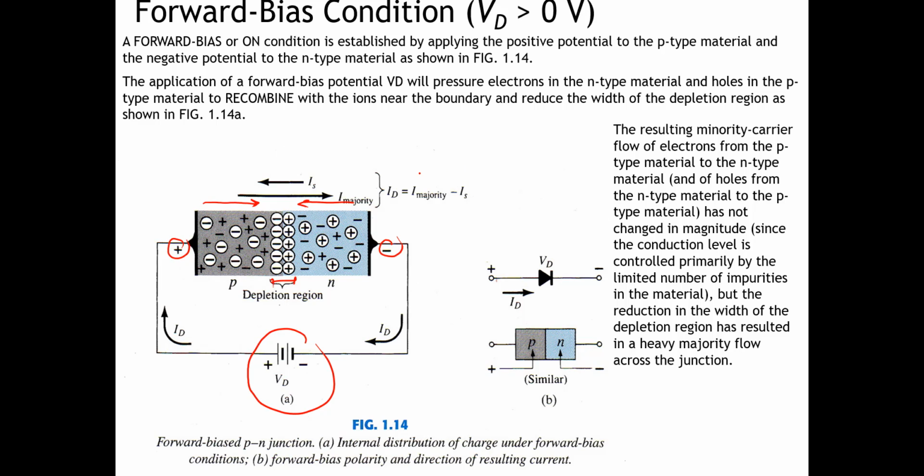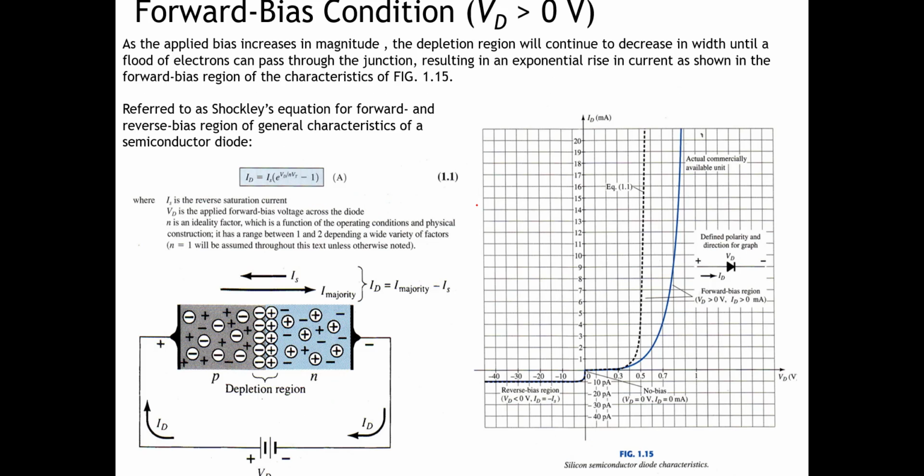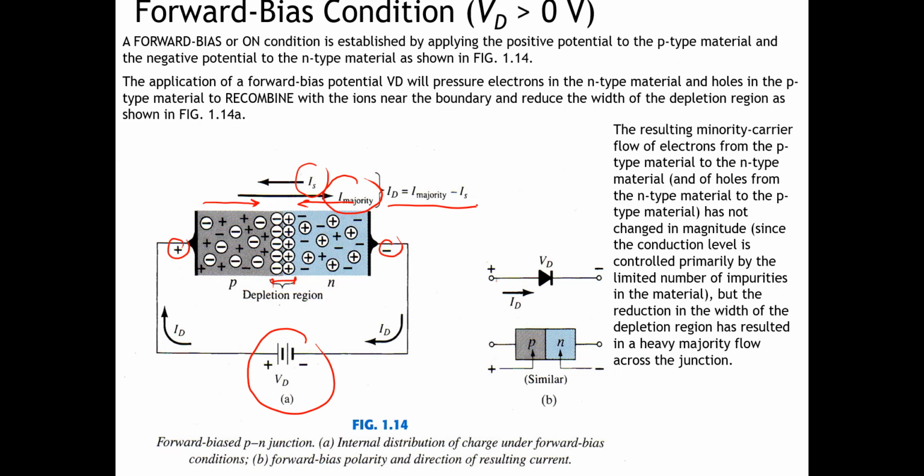We have I majority, which is the majority carrier flow, and IS, which is the reverse saturation current. So ID, the diode current, is I majority, the total majority carrier flow (holes from the p-type to the n-type and electrons from the n-type to the p-type), minus the reverse saturation current.